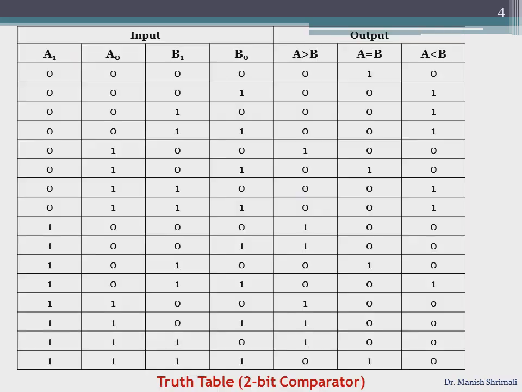Here you can see the truth table for this 2-bit comparator, in which we have A1, A0, B1, B0 as the input bits corresponding to the inputs A and B. Then we have the outputs A greater than B, A is equal to B, and A less than B. Also, since there are 4 inputs, there are 16 possible combinations of the inputs being written here.